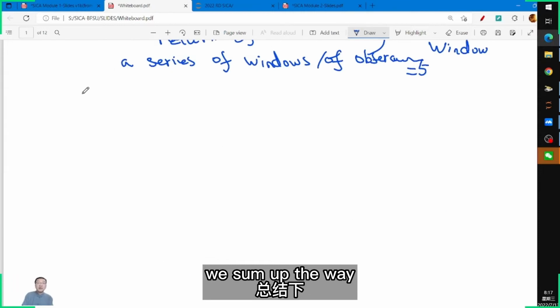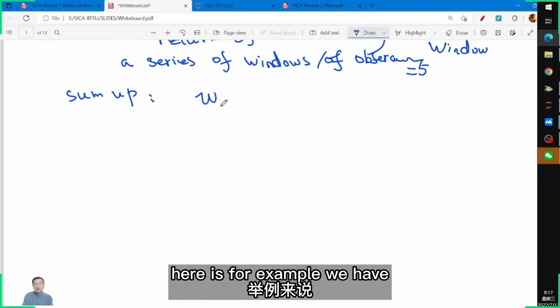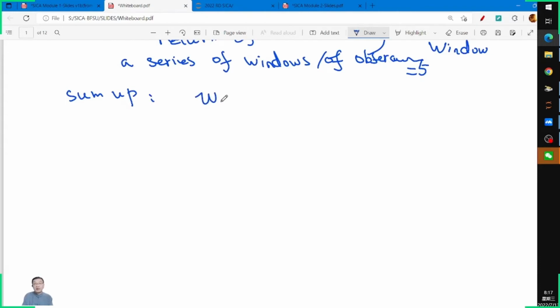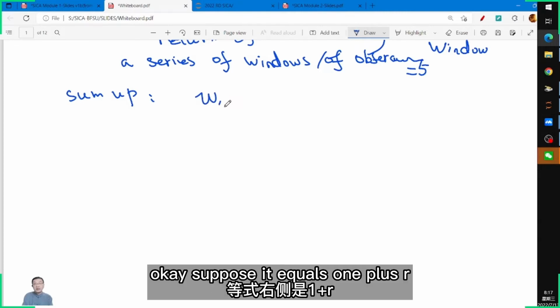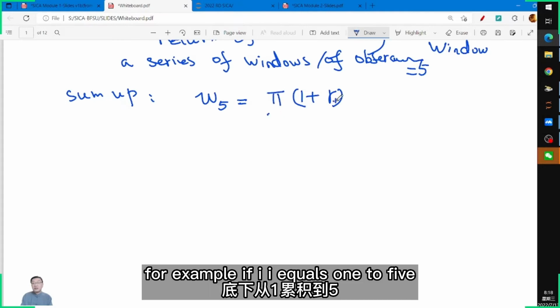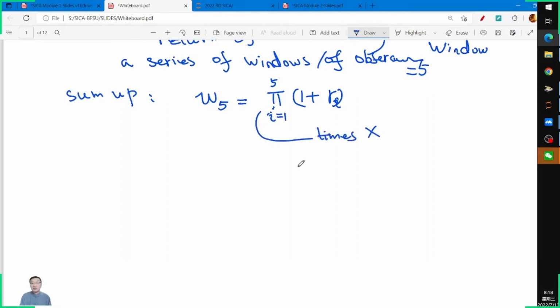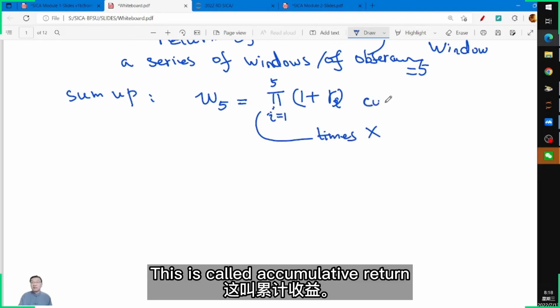The way we sum up here is, for example, the product of 1 plus R, for i equals 1 to 5. This means we multiply all these together. This is called a cumulative return.